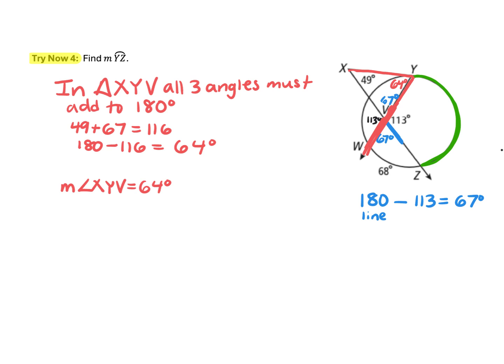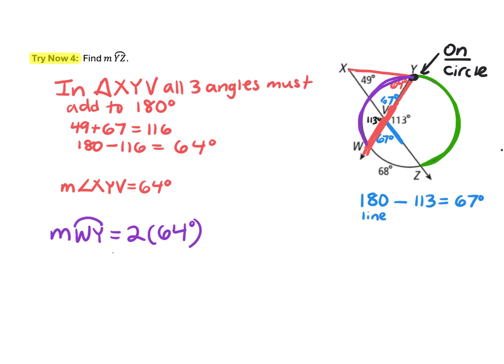That angle there has its vertex on the circle. And we know that when the vertex is on the circle, the measure of the angle is half the measure of the intercepted arc. So this arc right here, WY, is just going to be double that 64. 64 times 2 is 128 degrees.